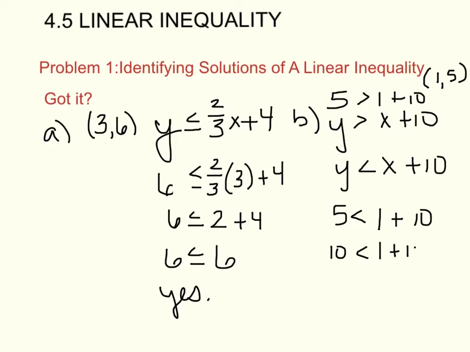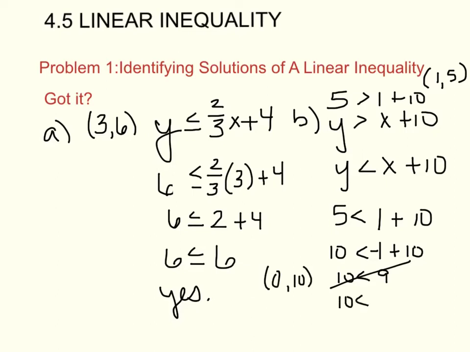I'm sorry, let's do negative 1. Now in this problem, 10 is less than or equal to 9. That's not true. But we could also say, let's say we had the point (0, 10).